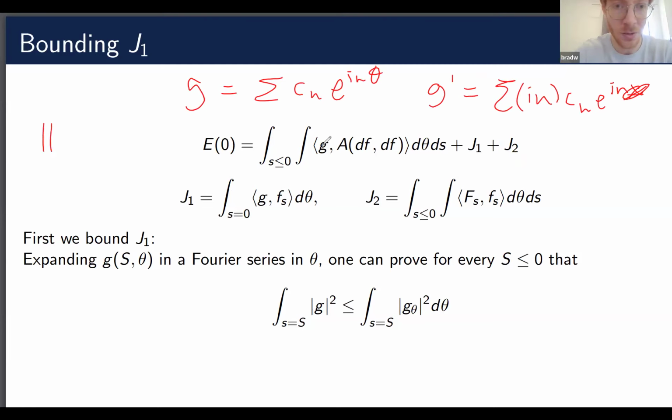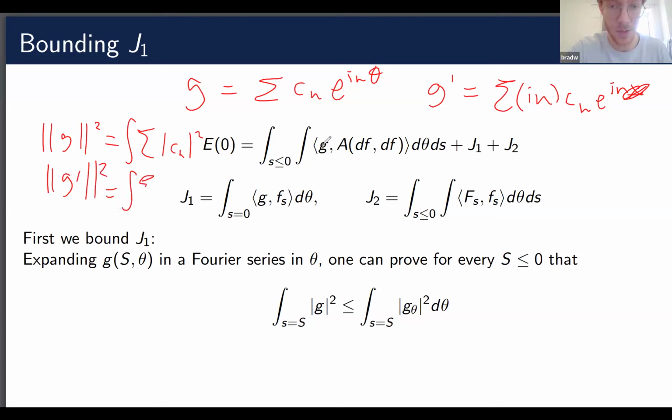So the L2 norm of G is the integral of the sum of Cn squared, and this will just be the sum of n Cn squared.